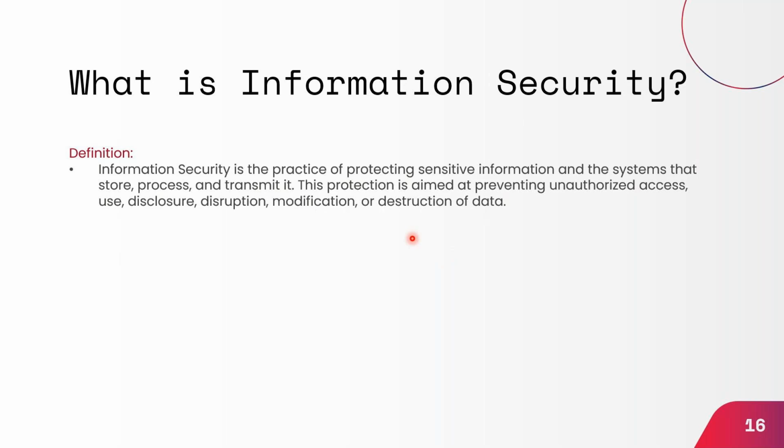So majorly the data will be in three different stages. So we have to use security-based practices to safeguard data in these three stages from unauthorized access, unauthorized use, disclosure, disruption, modification, and destruction of the data.